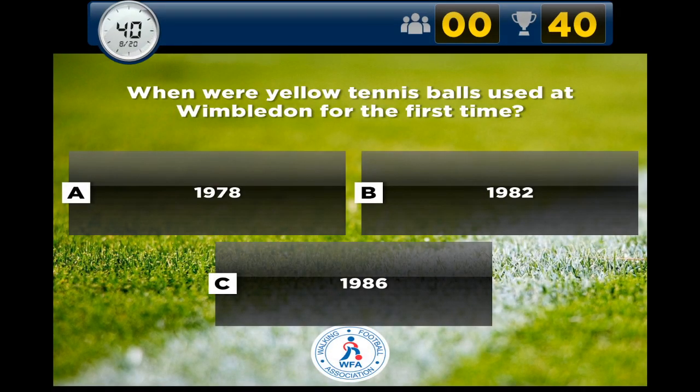So when were yellow tennis balls used at Wimbledon for the first time? Was it 1978, 1982 or 1986?